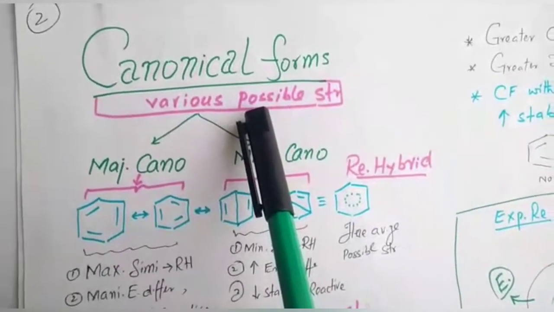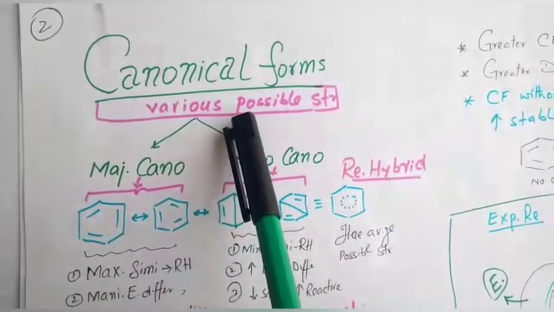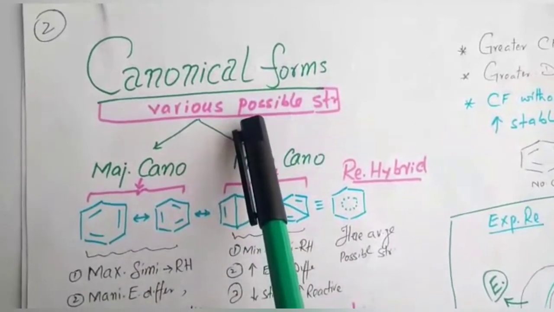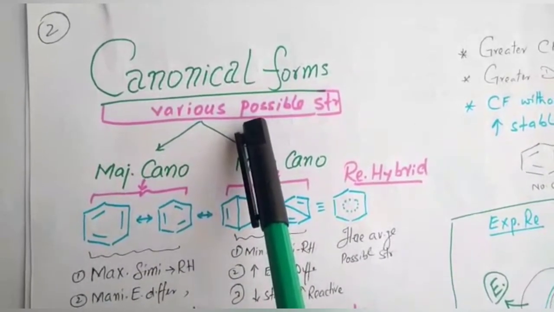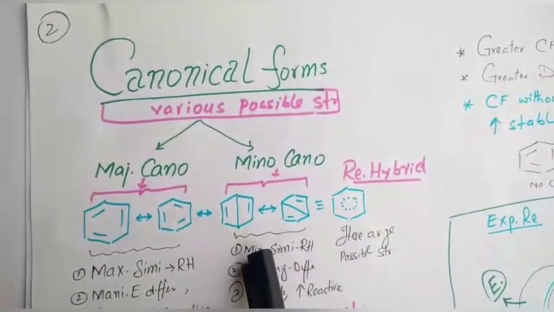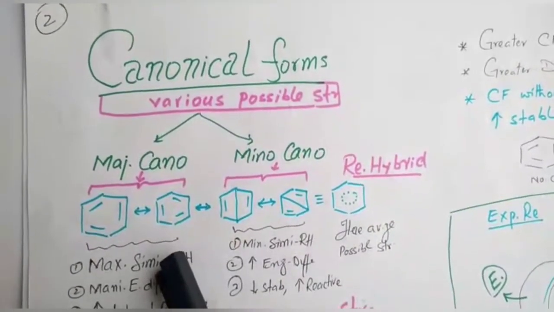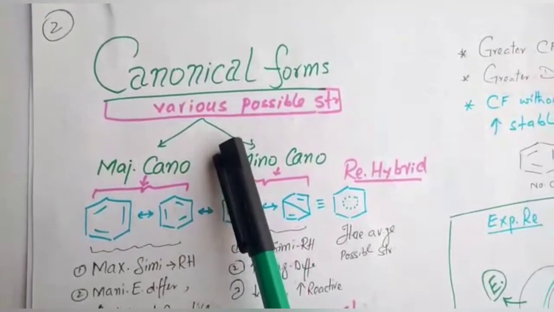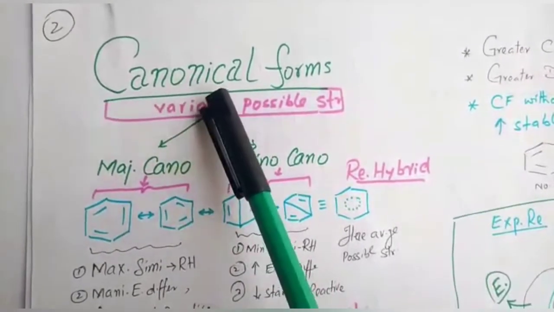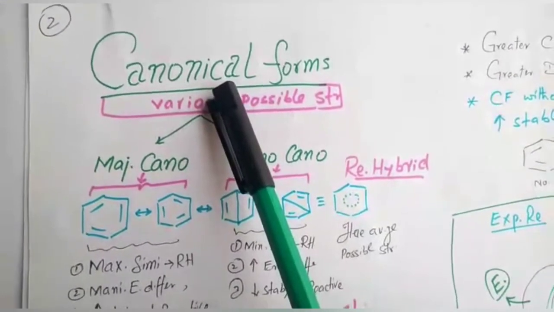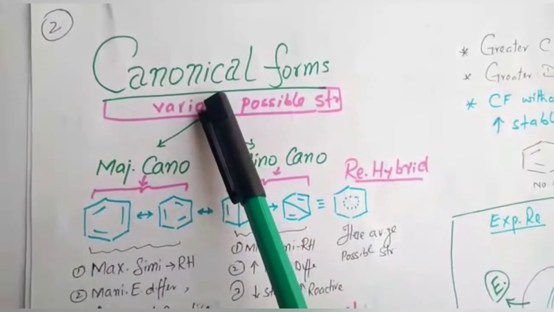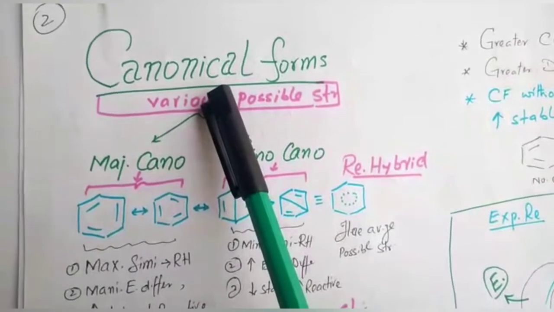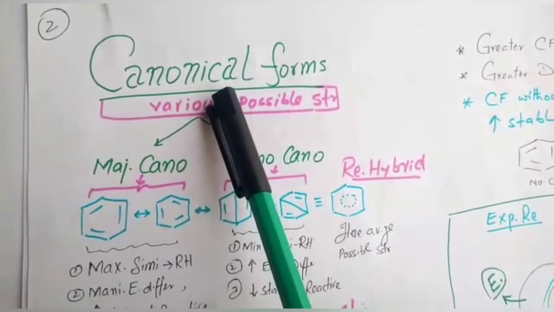So all those contributing structures which are resulting from delocalization of pi electrons, they are known as canonical forms. These canonical forms are also known as contributing structures, resonating structures, alternative structures.